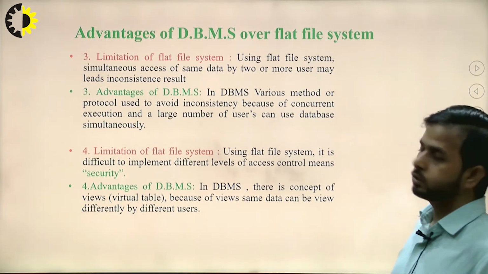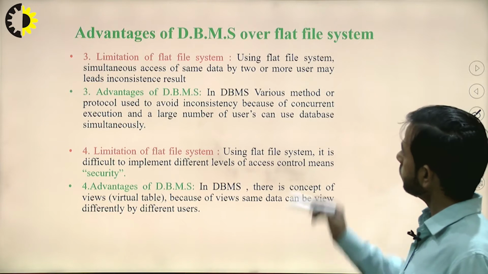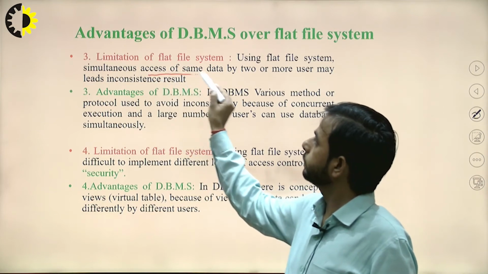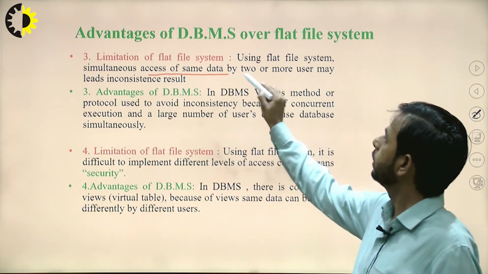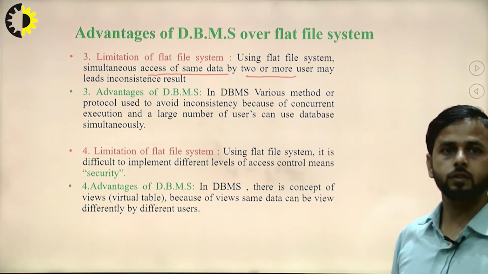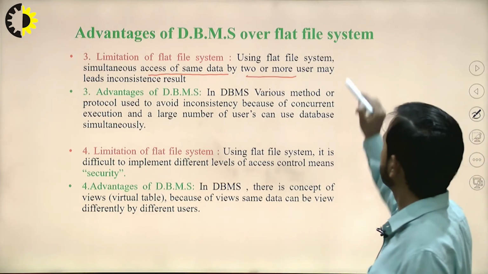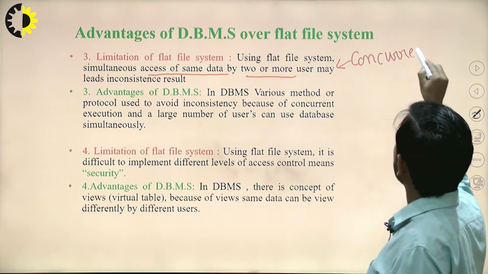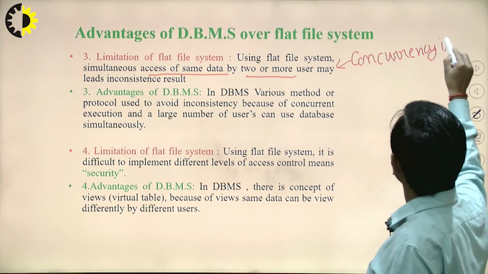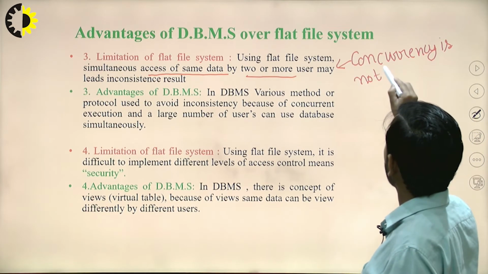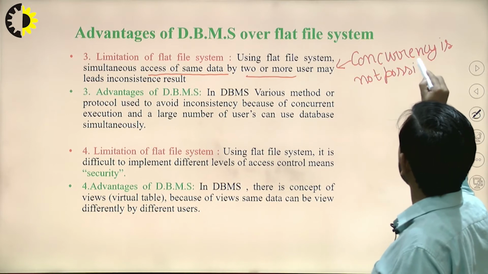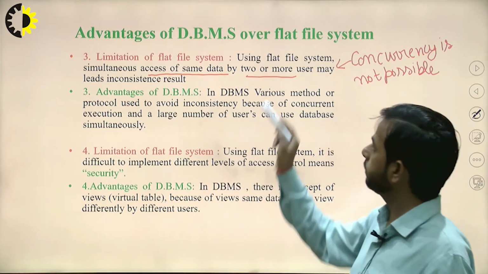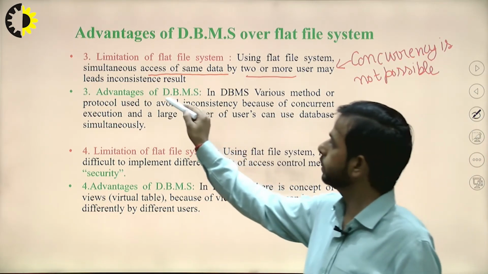Next limitation of flat file system is that simultaneous access of the same data by two or more users may lead to inconsistent results, meaning concurrency is not possible. What are the advantages in DBMS?